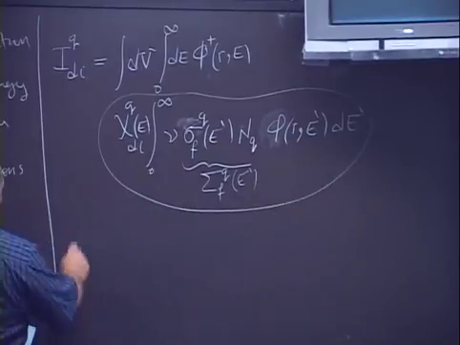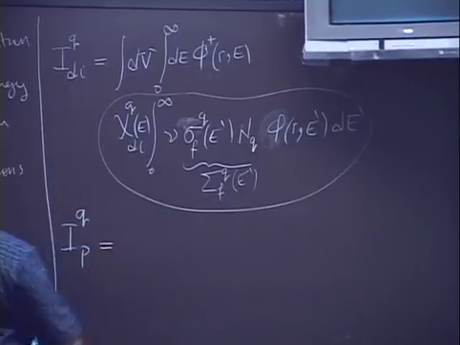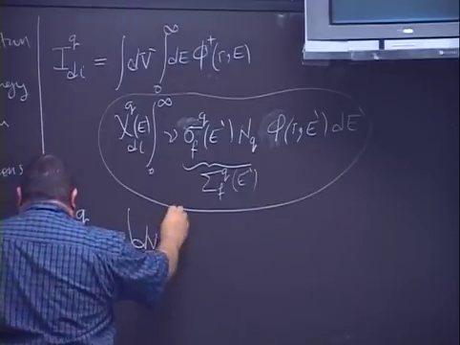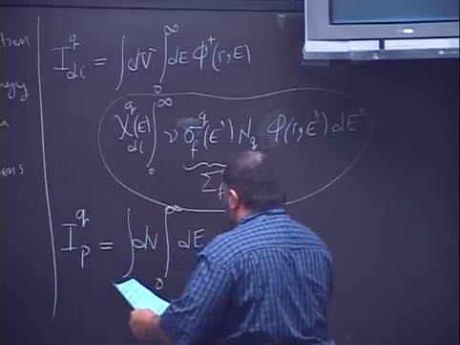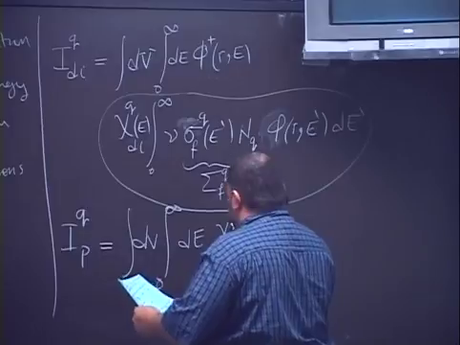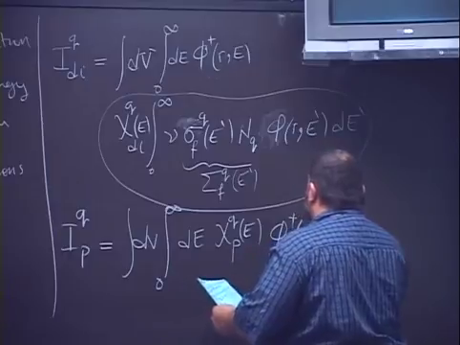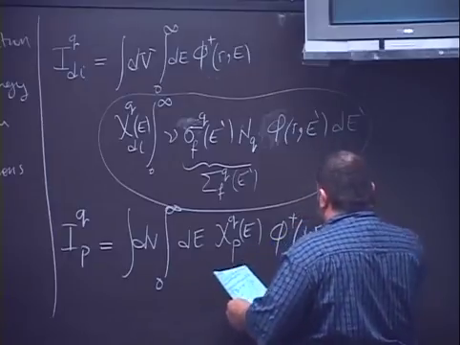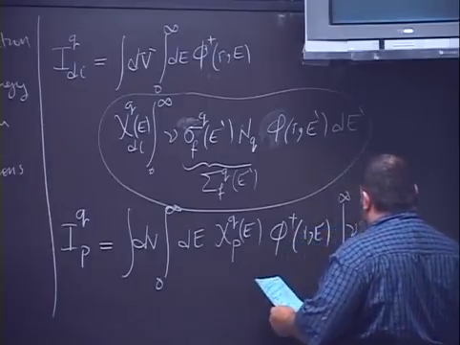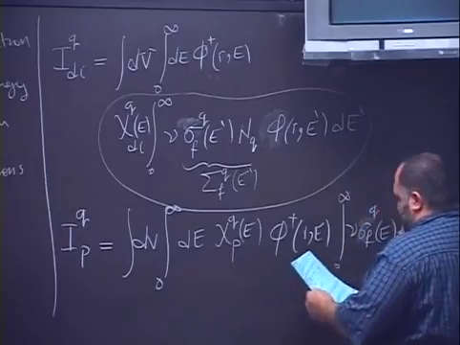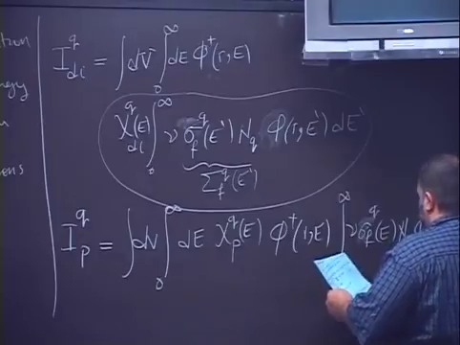Okay, so we will define this as the importance for the delayed neutrons. We can also define importance for the same isotope Q, but for the prompt neutrons, not for the delayed neutrons. And this again will be exactly the same, except that chi of E here will be just for the prompt, not delayed. And this is again the same function. Then nu sigma fission of Q at energy E multiplied by N_Q multiplied by phi of R and E prime.